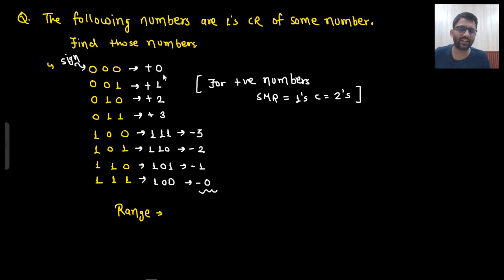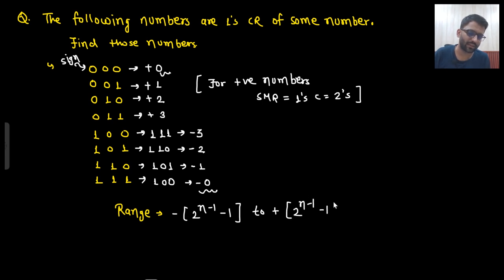Okay. So what is the range again? In 3 bits you are denoting the same numbers, so the range is again the same. What is that range? Minus (2 to the power n minus 1 minus 1) to plus (2 to the power n minus 1 minus 1), same as SMR. So the range here is the same.